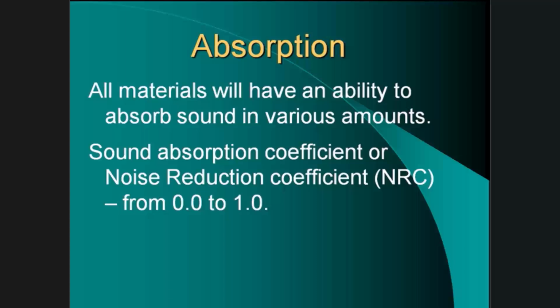This noise reduction coefficient varies between 0, which means the material absorbs just about none of the sound, and the number 1, which means that the material absorbs all the sound. This noise reduction coefficient will vary with the frequency. For example, ceiling tiles will absorb just about every frequency above 2000 Hz, but practically nothing below 100 Hz.